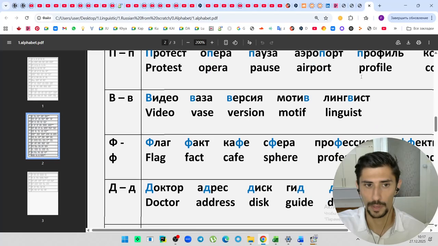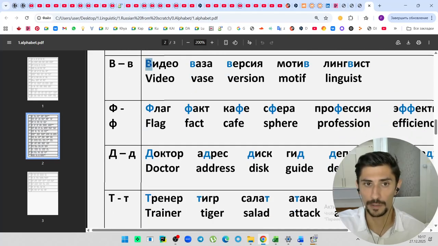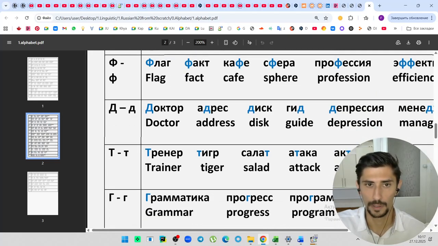Копия. Okay, next letter is V. Видео. Ваза. Версия. Мотив. Лингвист. Linguist. Next letter is actually F. Flag. Факт. Кафе. Сфера.